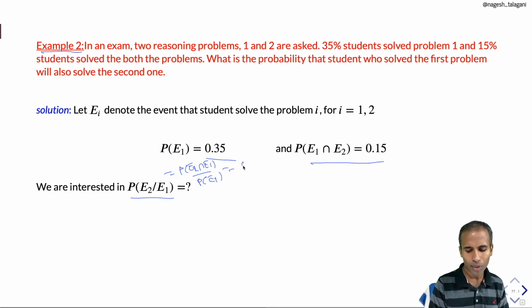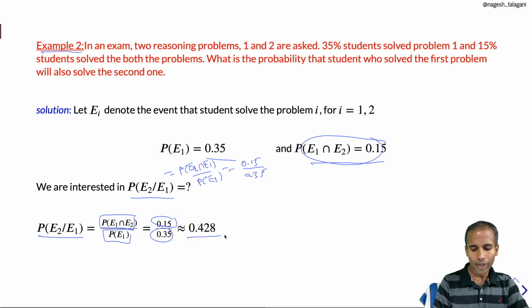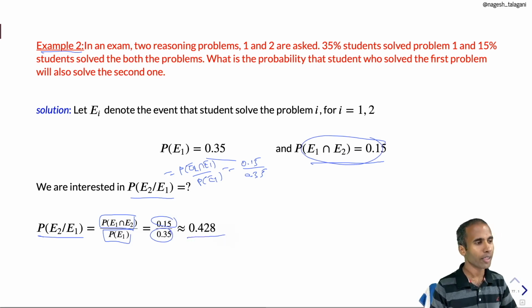So the probability of E2 given E1 equals the probability of E1 intersection E2 by the probability of E1. The probability of E1 intersection E2 is 0.15, and the probability of E1 is 0.35. So this simplifies to 0.428 approximately.